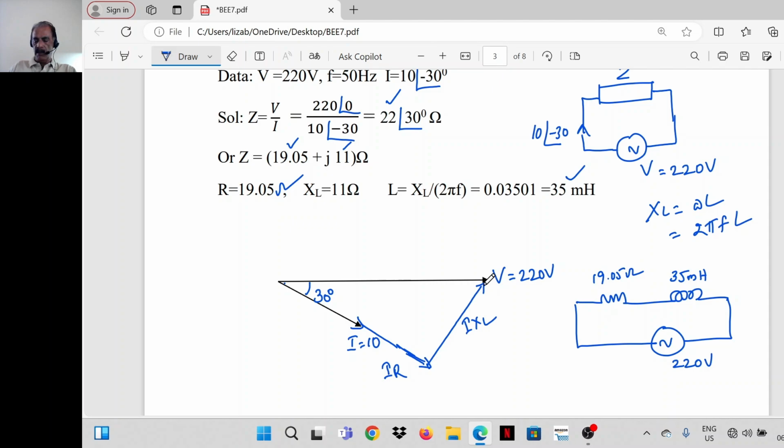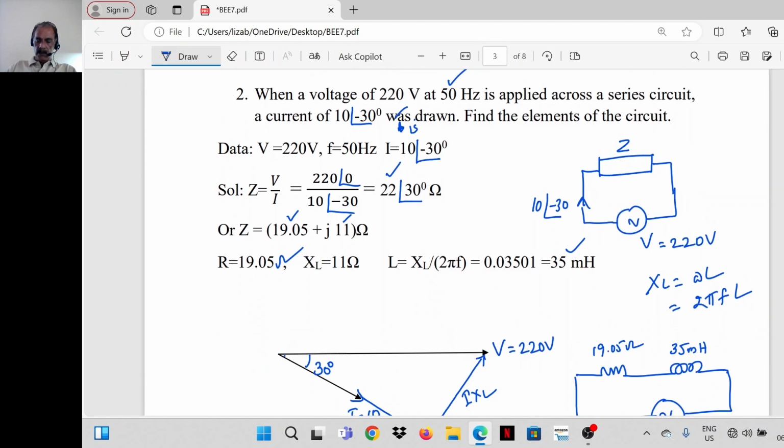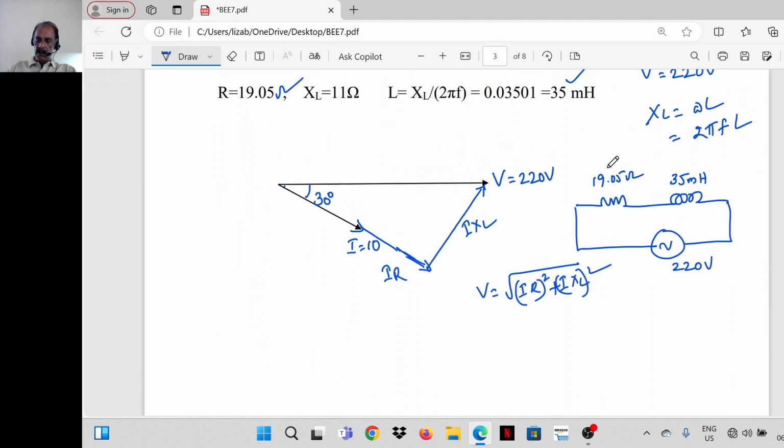IXL is the voltage across the inductor. So V is equal to square root of IR square plus IXL square. So the elements of the circuit are a resistor of 19.05 ohm and an inductor of value 35 millihenry.